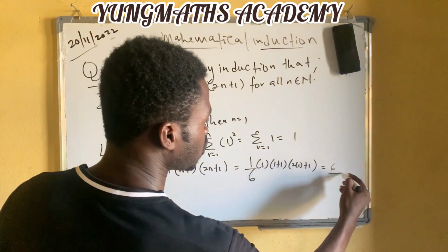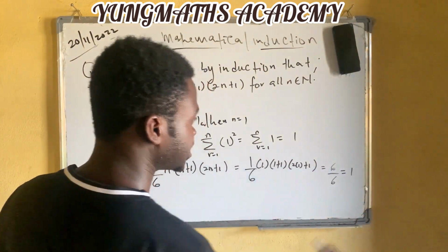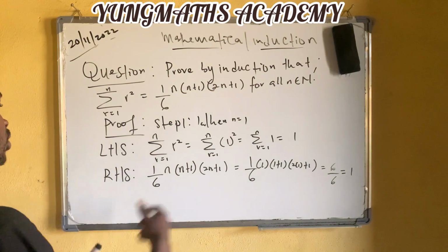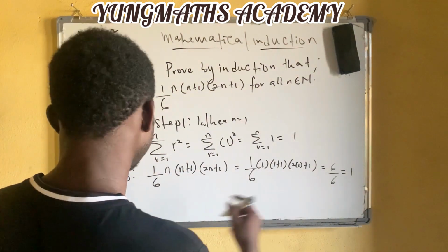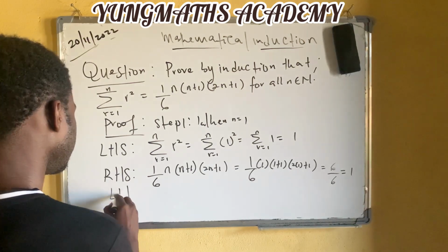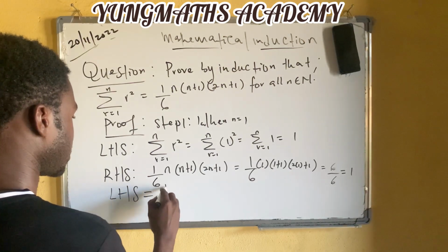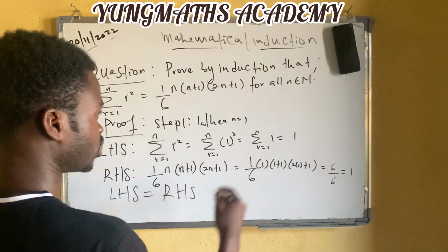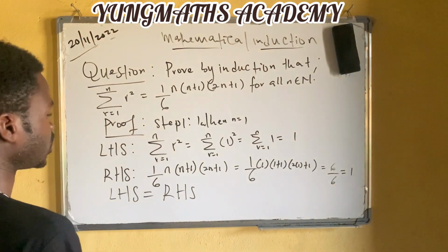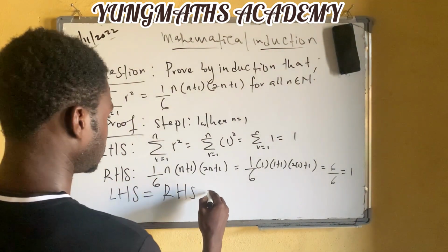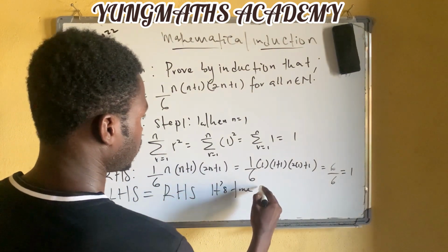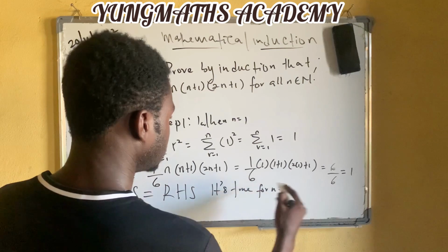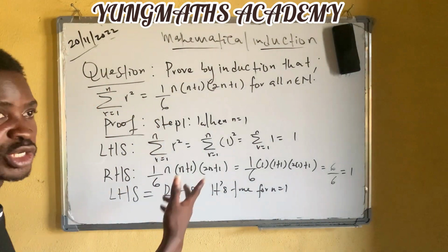So I have 6 over 6, and 6 over 6 is 1. Okay, very good. So we can see here that our left hand side is equal to the right hand side, since we got 1 for both sides. So that means it is true. It is true for n equals 1.